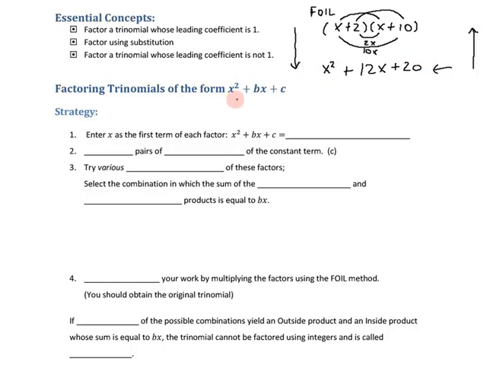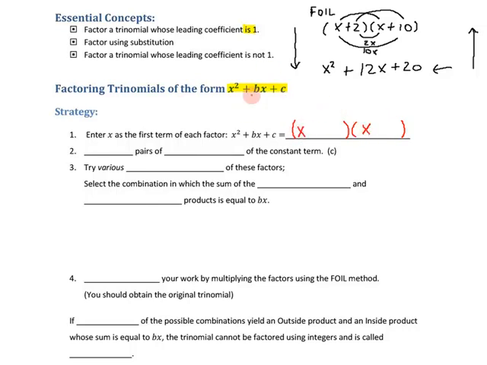Let's start with trinomials where the leading coefficient is 1. There's nothing else in front of there. So the first 2 terms, if they multiply together to give me x squared, the factoring result is going to have an x here and an x here.